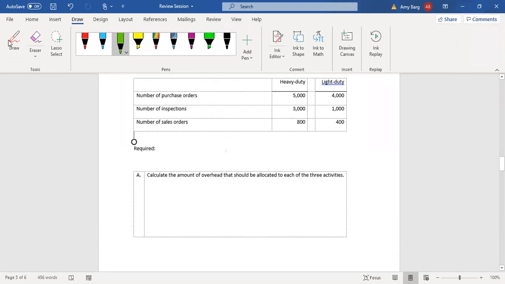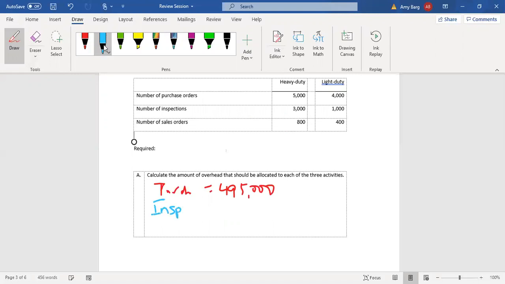We can say that purchasing was 495,000. We can say that inspections were 180,000.